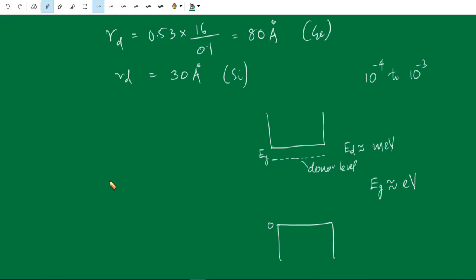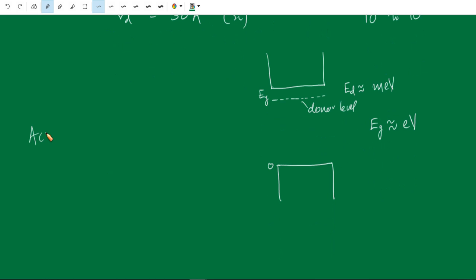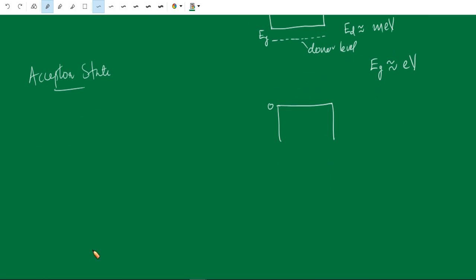Now let us draw the acceptor level also here. When a trivalent impurity replaces the normal atom in silicon or germanium, there will be a hole created in the valence band.